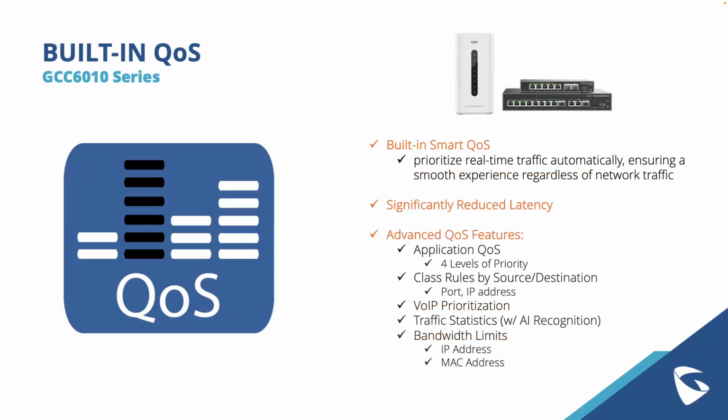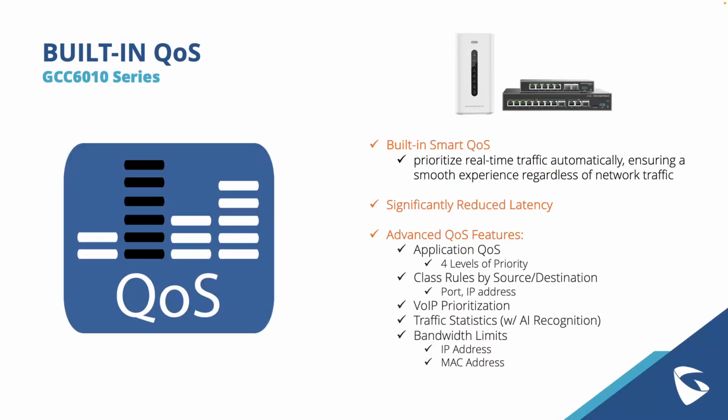I do believe this is one of the key features and competitive advantages of the GCC series. Grandstream has really been working on QoS for almost 25 years now, and we really wanted to carry this over to include what we're calling a built-in smart QoS in the GCC series. And this is really going to be a major differentiator of the GCC series.